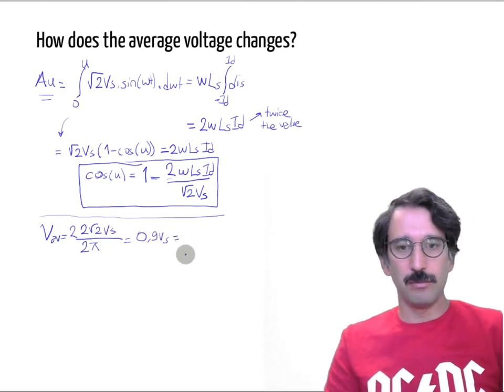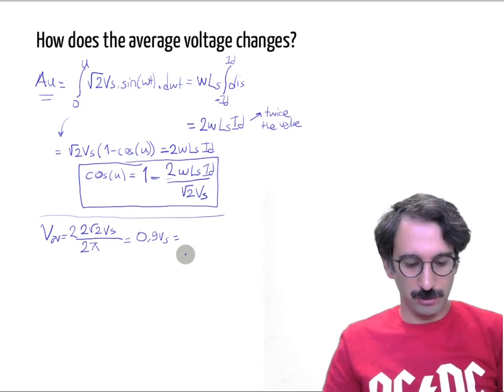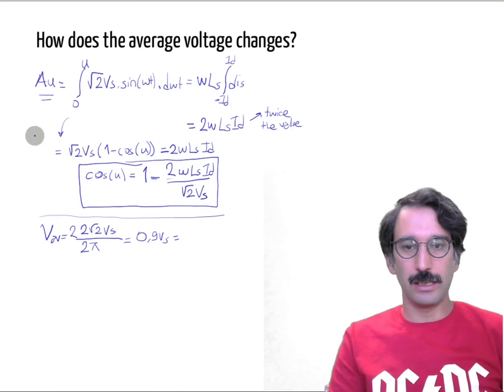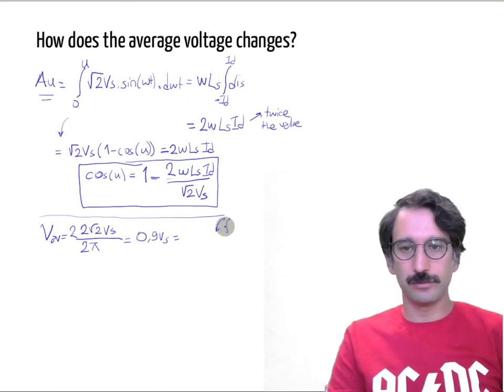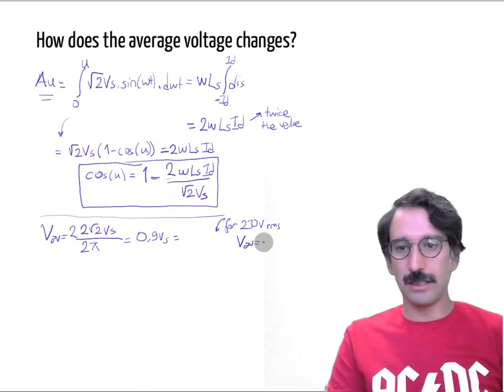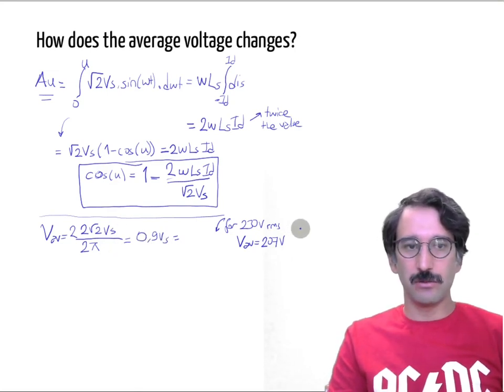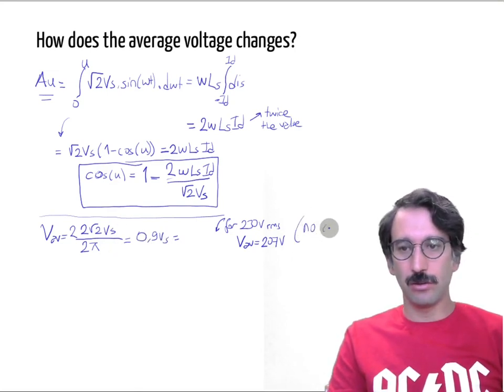If it is a 230 volt supply, you multiply by 0.9, and for a 230 volts RMS supply, the average VDC would be 207 volts. Anyway, this is 0.9 Vs. This is of course without commutation.